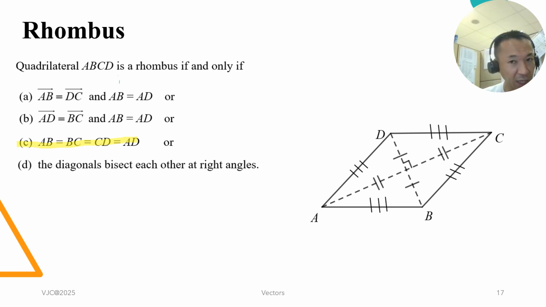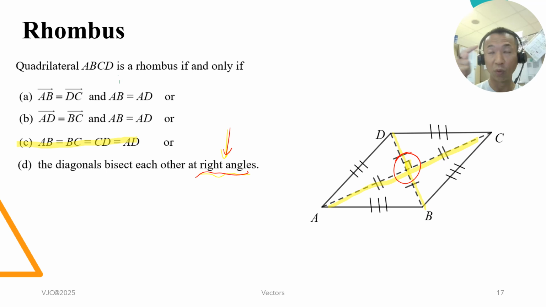And finally, you must take note, a rhombus is a special shape where the diagonals not just bisect each other, but bisect each other at a right angle.